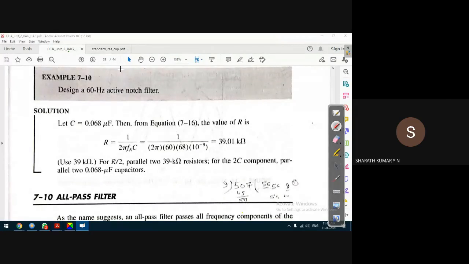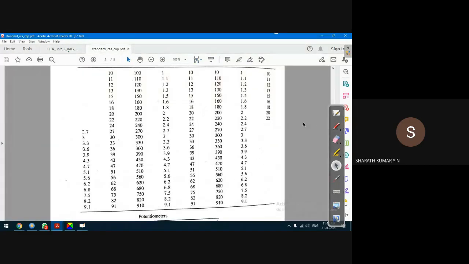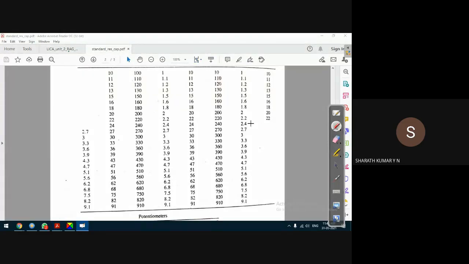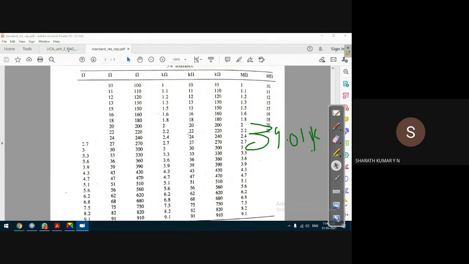The nearest value for this resistance is in the 39 kilo ohm range. Yeah, here we go, somewhere here. This value lies between 39 kilo ohm and 43 kilo ohm.